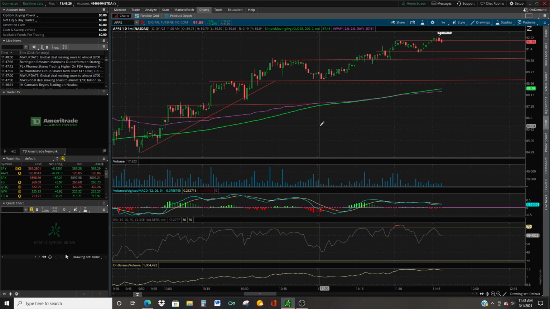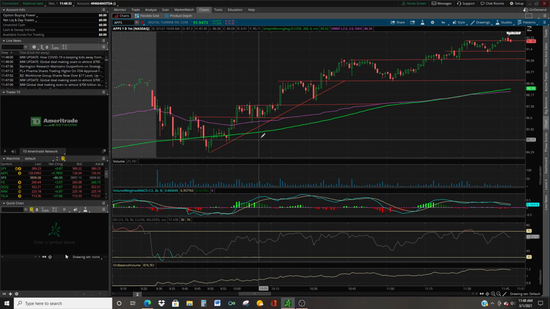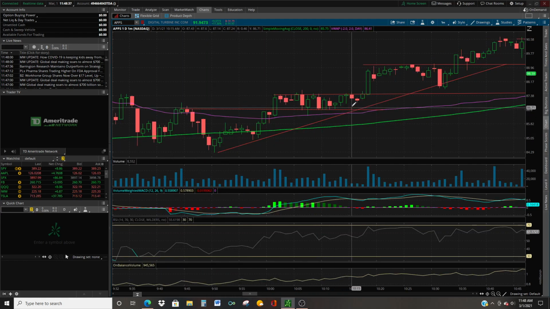I like to get an entry where the price action is constricted. It's trading in a tight window, and if it breaks to the upside, I'm going to make some money. If it breaks to the downside, I'm not going to lose a whole lot.